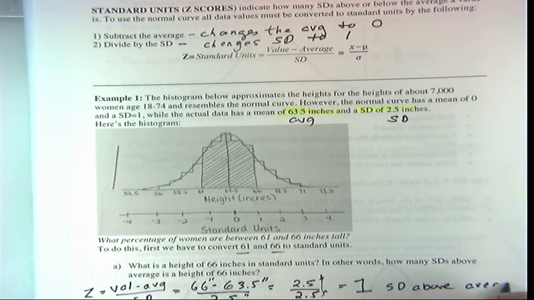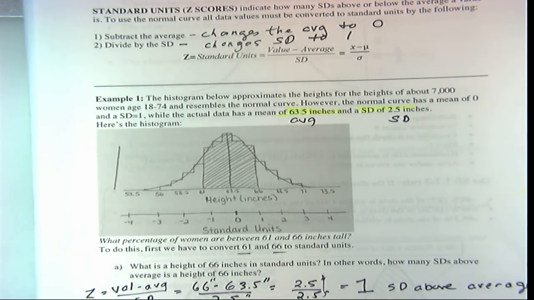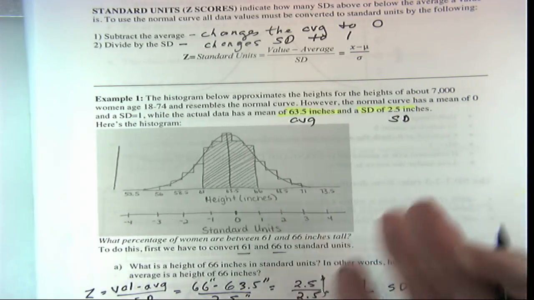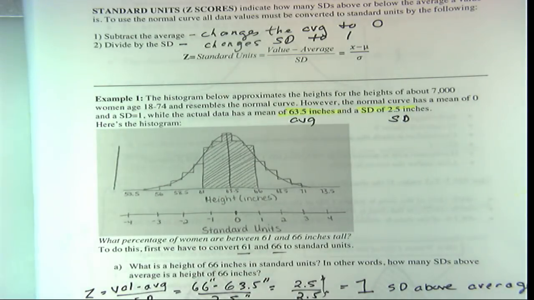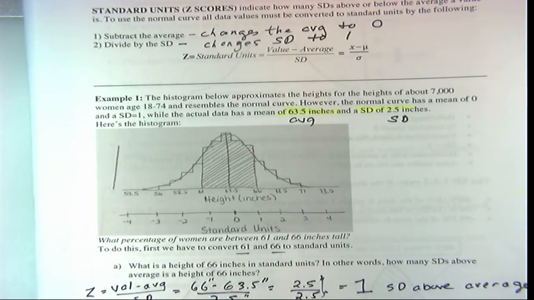So maybe this person is one standard deviation above average in height. What are they in weight? You would change their weight to a z-score, and that's a common measuring stick for things in different units.